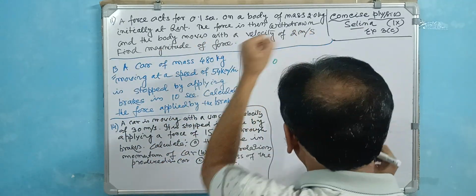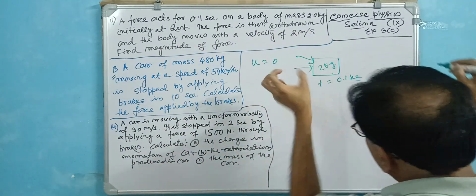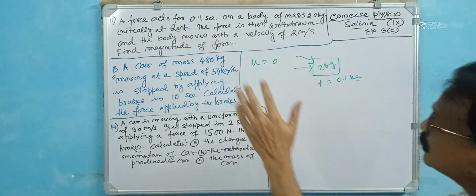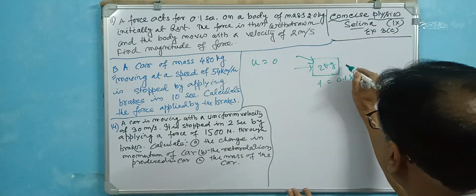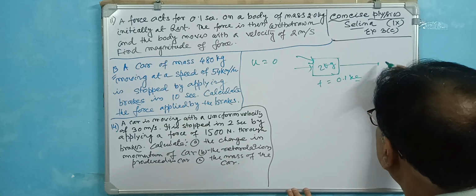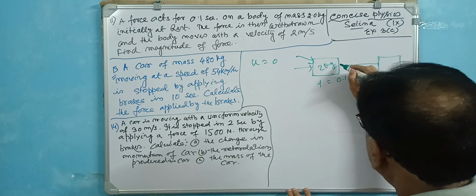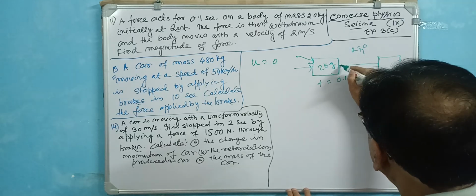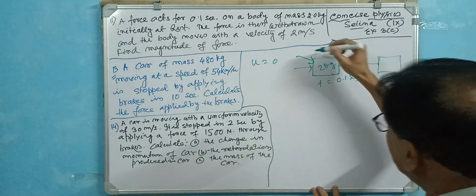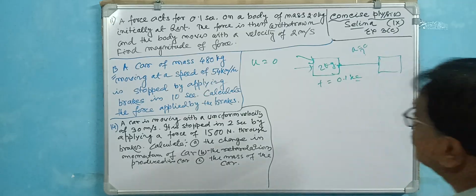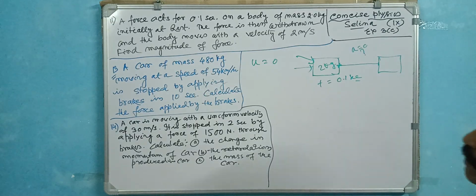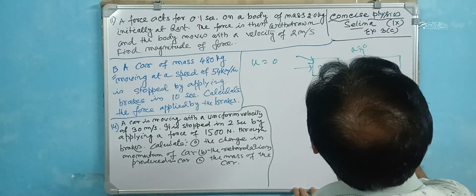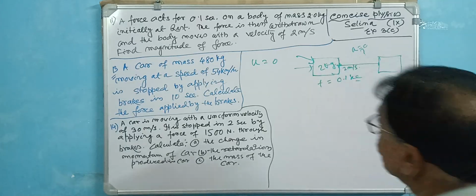The force is then withdrawn, and the body moves from here to here. So there is no acceleration here, it is 0, but here the force is applied, so a certain acceleration is developed here. It moves with a velocity of 2 meter per second.